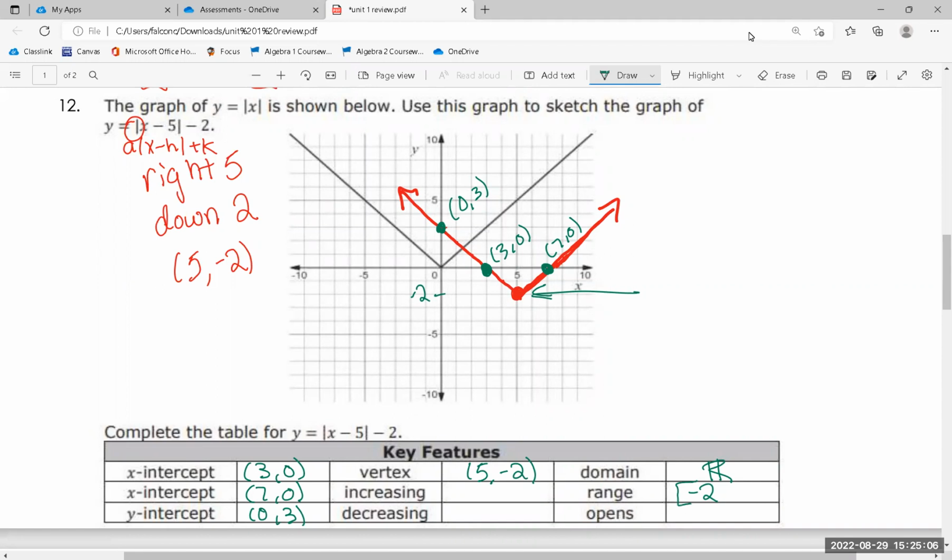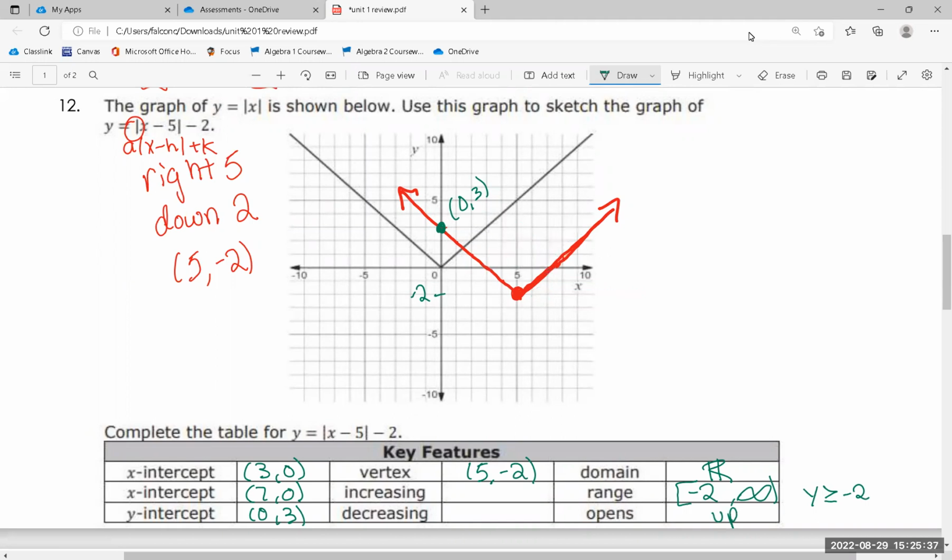We have a point at -2 on our graph. And then I have everything above -2, so my range values go off to +infinity. There's no place when I'm looking up from this graph that it would stop. If we wanted to write this in inequality notation, you would say y is greater than or equal to -2, because we are equal to -2 and then we want everything above. And then this graph opens upwards.